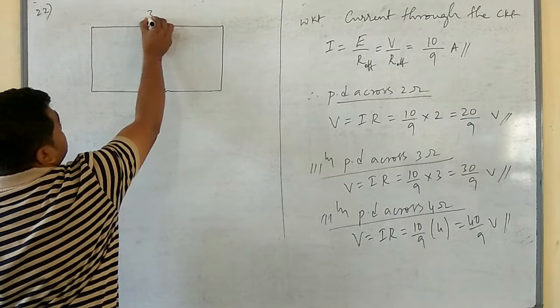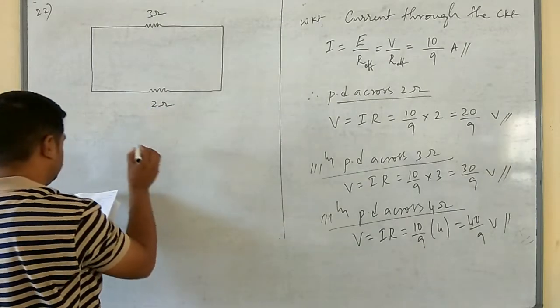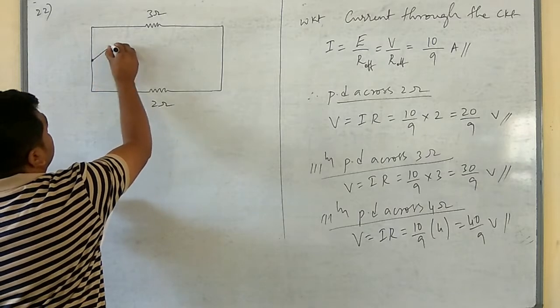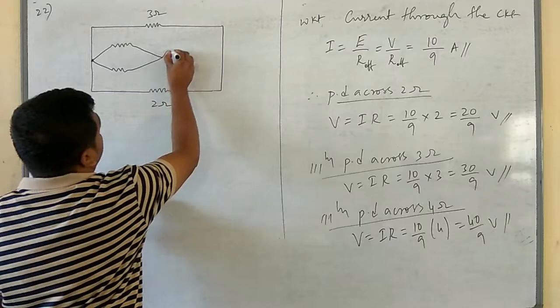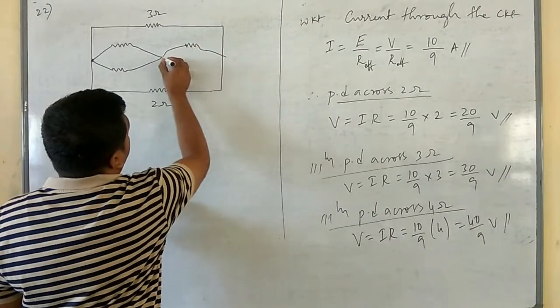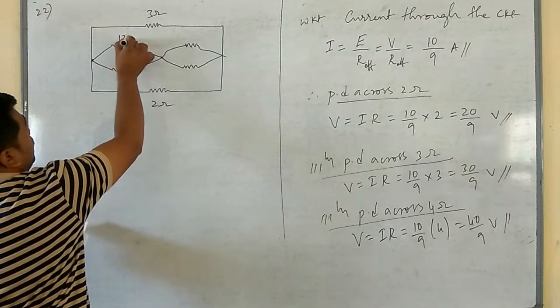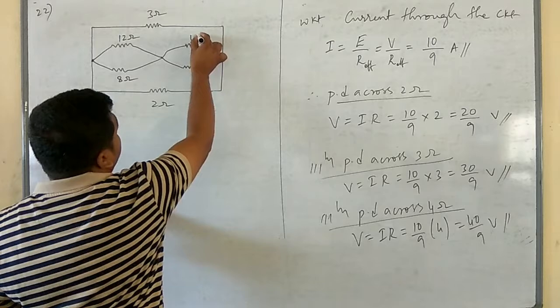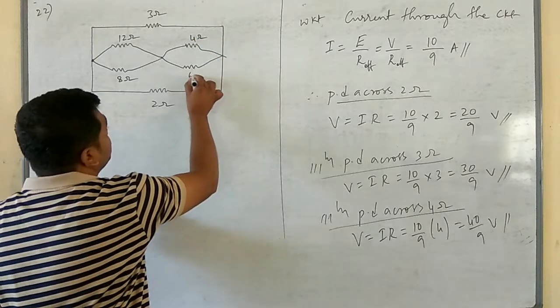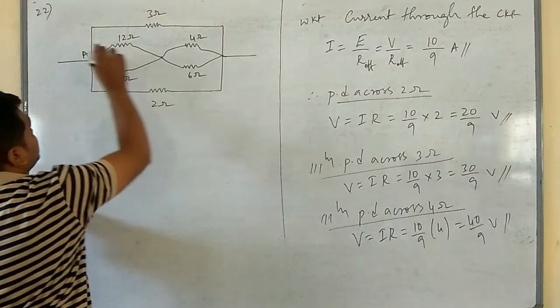This is 3 ohm, this is 2 ohm, like this, 12 ohm, 8 ohm, 4 ohm, 6 ohm. They have called these points as A and B.